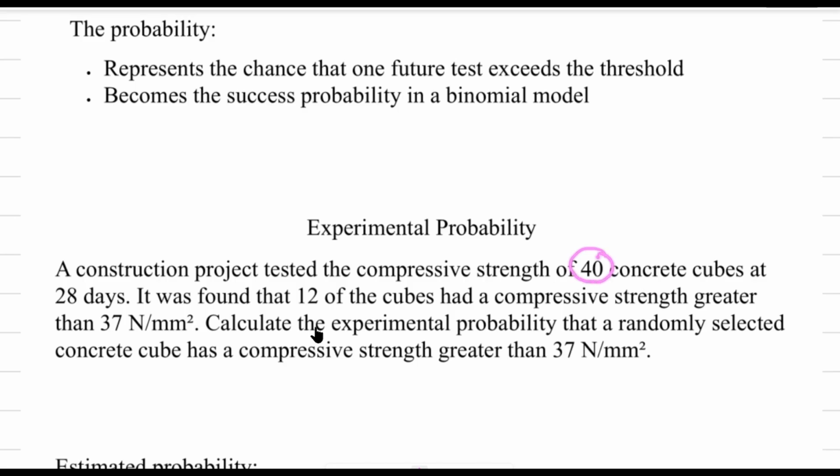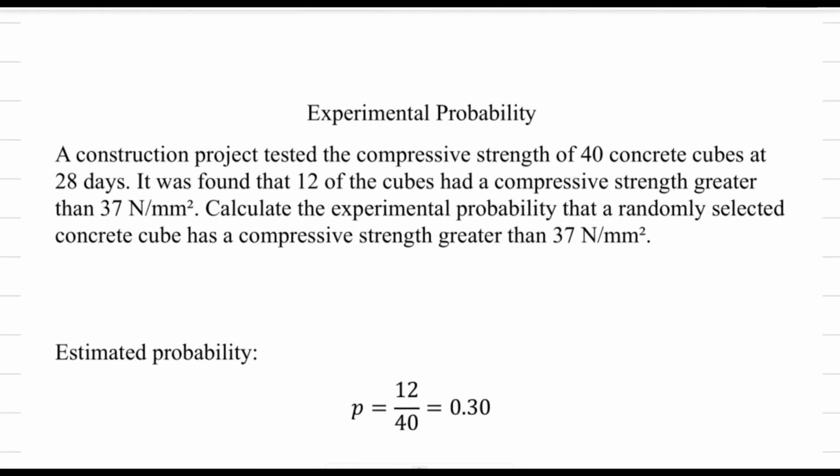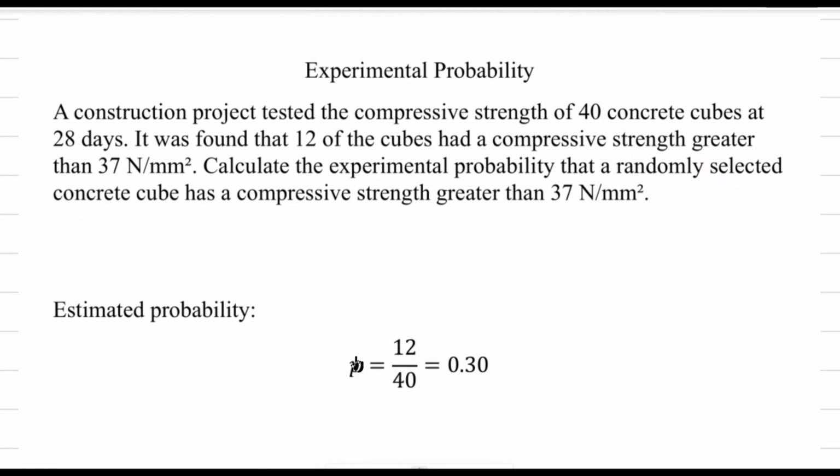So the event happened for 12 samples, and the total possible outcomes is 40, which is the number of samples. So you can write it this way: the probability equals 12 over 40, which gives you 0.3, which is 30%. So this is what's called the probability.